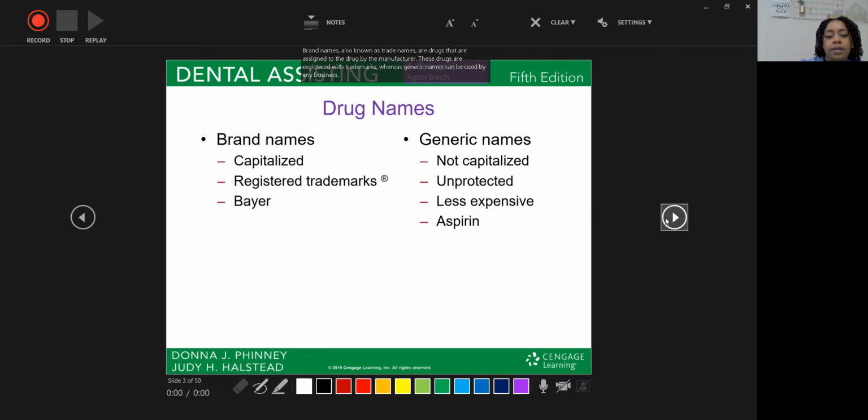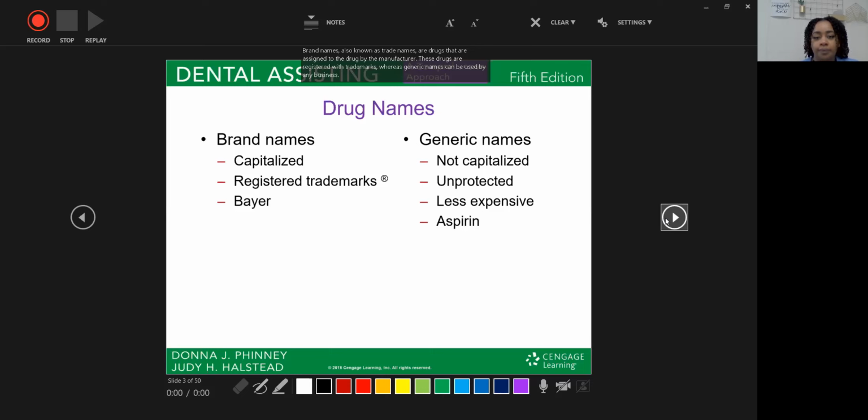Next, let's talk about the names of drugs. Okay, we know we have some medicines that we get by brand name and some by generic name. The difference between the two is that brand names are assigned by the manufacturer. These drugs are trademarked, and generic names can be used by any business.